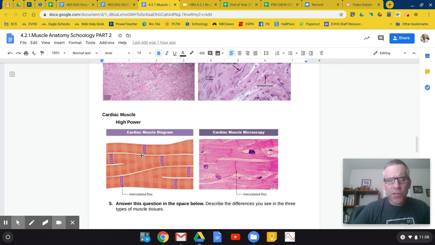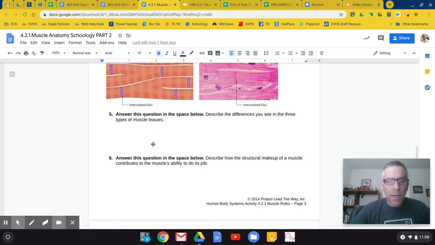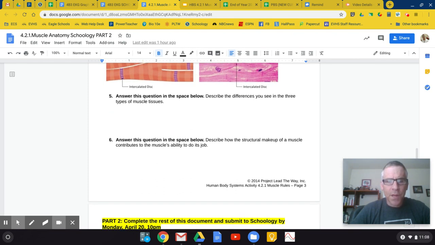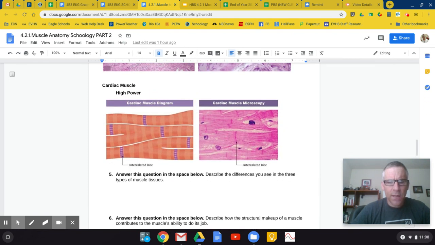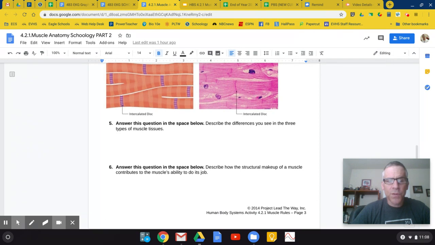But those are striations also. So you may hear cardiac muscle called a striated muscle, but those spaces there are called intercalated discs. I would want you to know that an intercalated disc is something that we would associate with a cardiac muscle. You answered a few questions about differences that we may see in those types of muscle tissues.